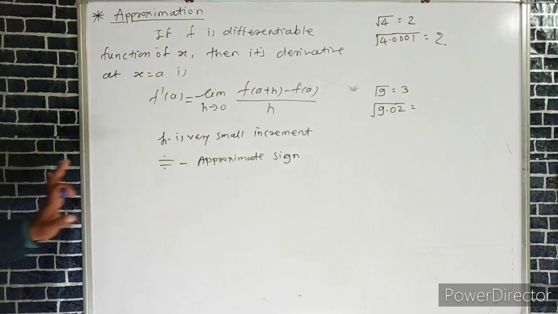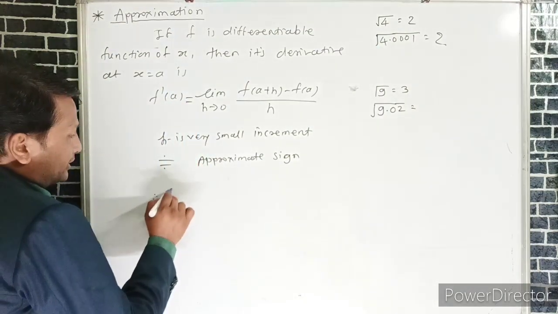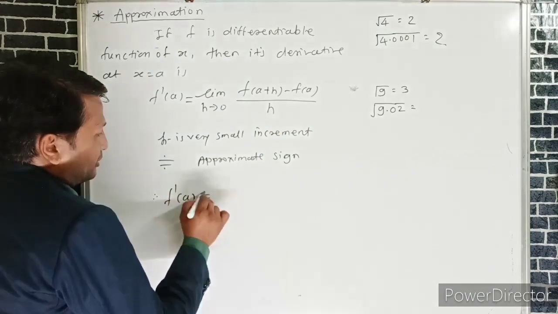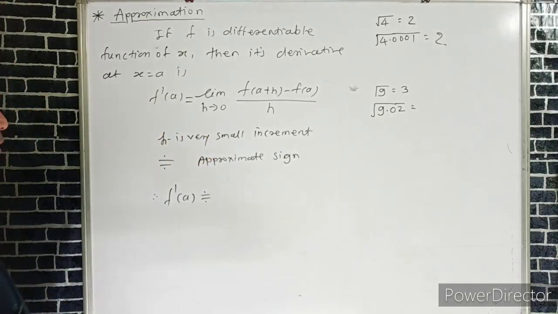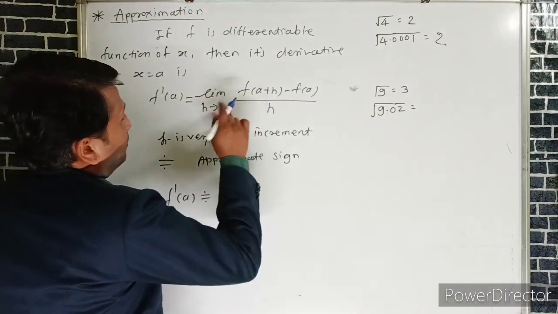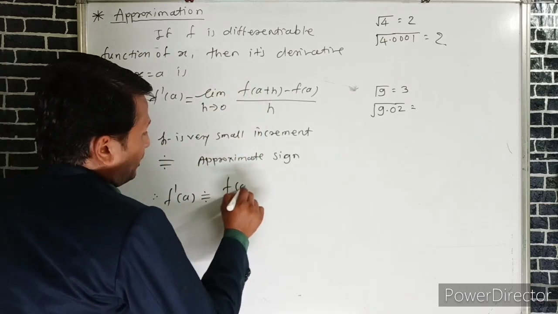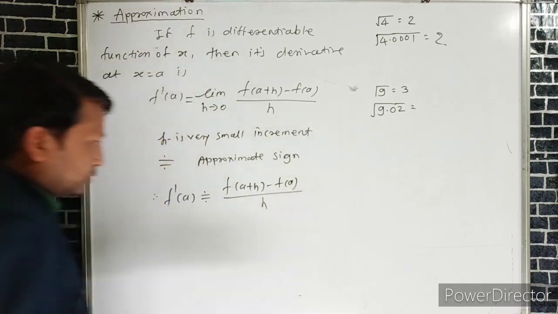Hence, if we apply the approximate sign, we can write f dash of a is approximately f of a plus h minus f of a upon h. If we use the approximate sign, then the limit will be removed.